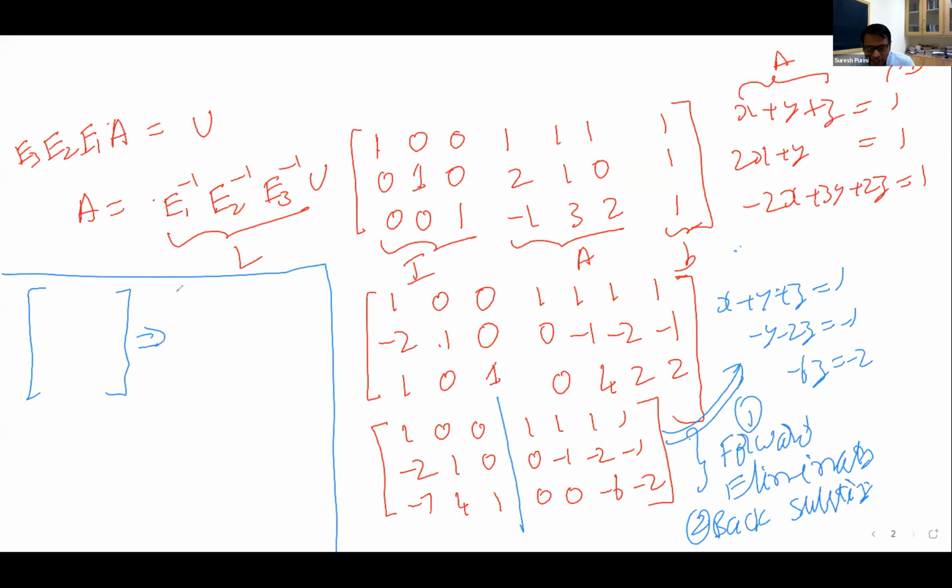You have to write a loop in which the first time you take this element as the pivot, and knock off the first column. Are you with me here? You take the first element as the pivot.